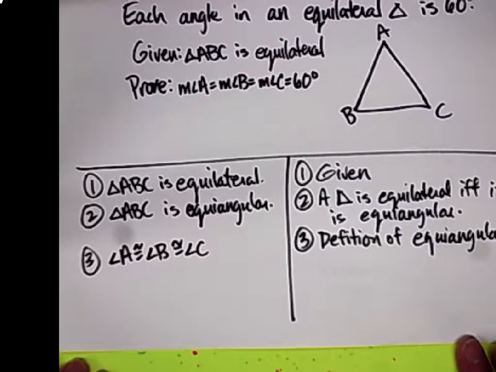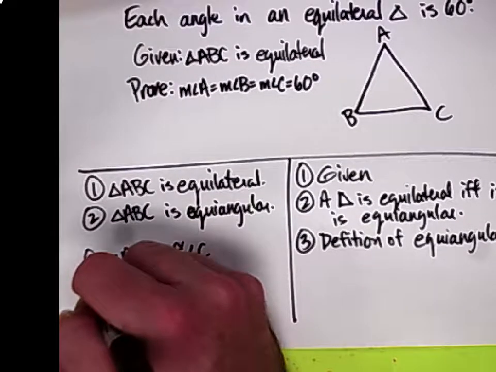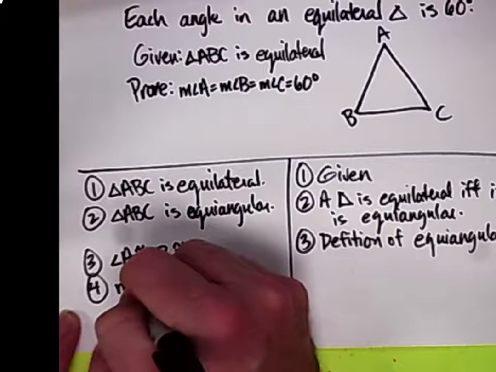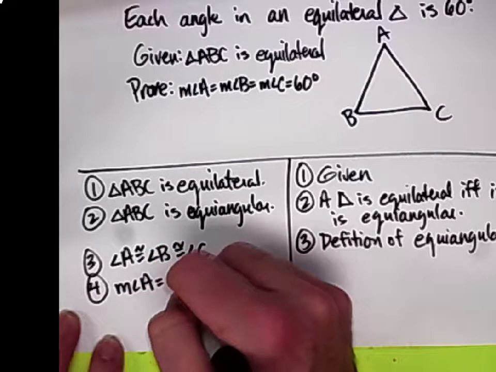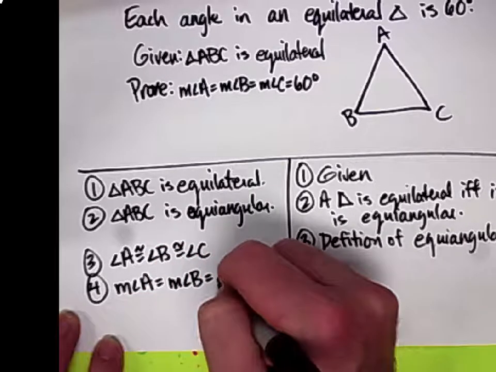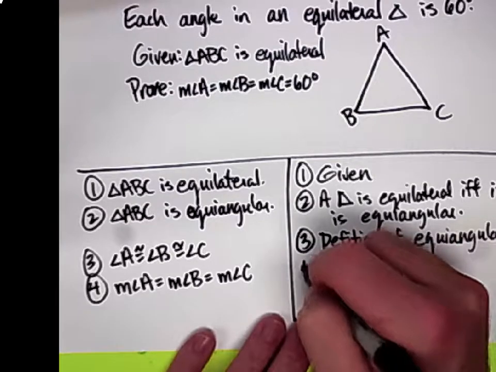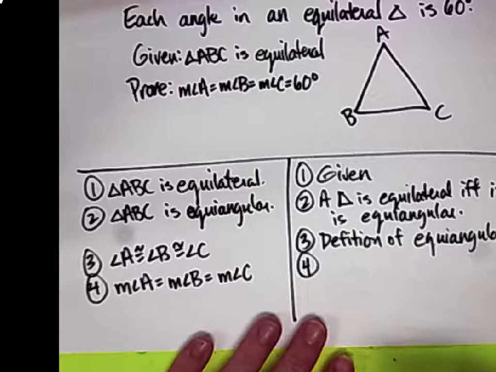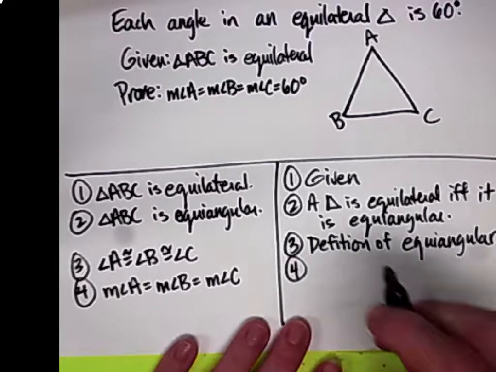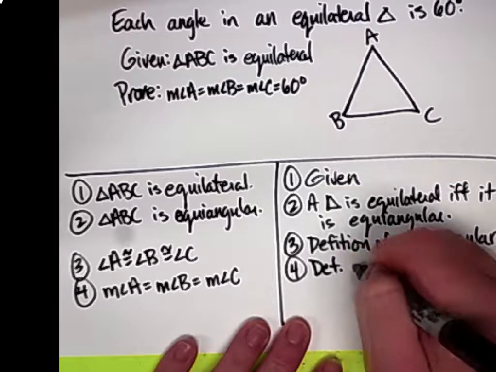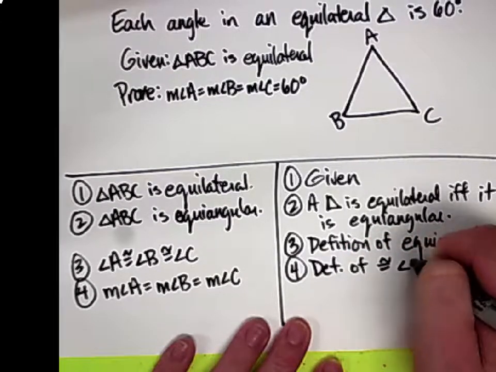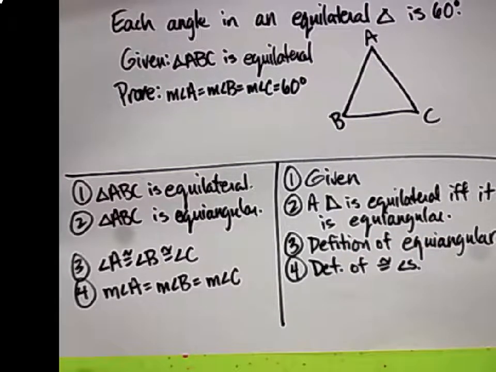Which means that the measure of angle A equals the measure of angle B equals the measure of angle C. How'd I know that? Definition of congruent. Congruent angles specifically. If angles are congruent, their measure is congruent.